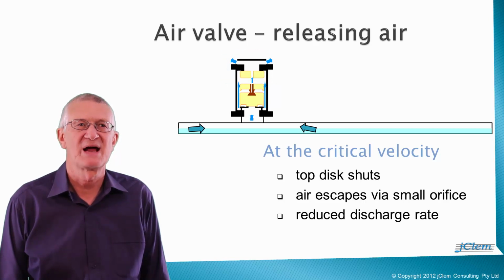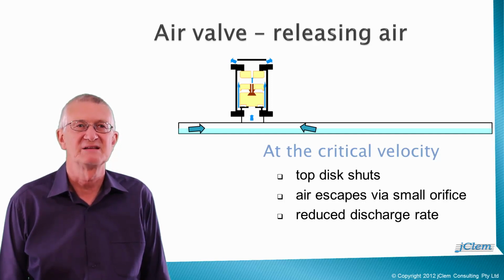In this mode, the rate of discharge is reduced. This means the fluid's approach velocity towards the air valve is reduced. It is this mode of operation, a reduced fluid approach velocity, that leads to this type of air valve being marketed as an anti-shock air valve.